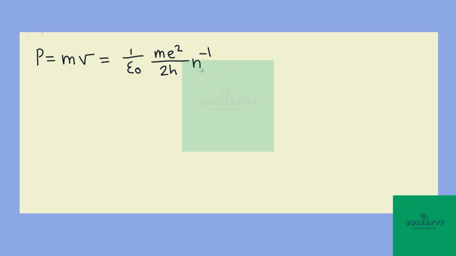Now that we have this, we can use the definition of a de Broglie wavelength, which is h over p, the momentum. Plug in this momentum and do some reorganizing. We have 2 epsilon naught h squared all over me squared. This is now multiplied by n.